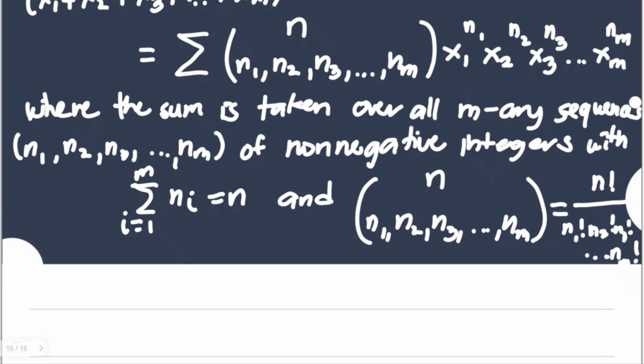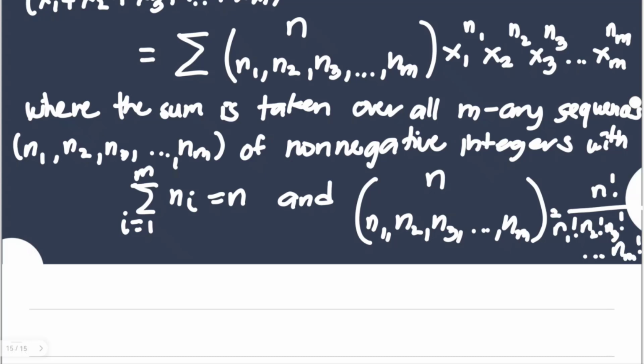Sorry for that, I would like to rewrite this so that I could enclose it into just one line: equal to n factorial all over n sub 1 factorial, n sub 2 factorial, n sub 3 factorial, dot dot dot, n sub m factorial.